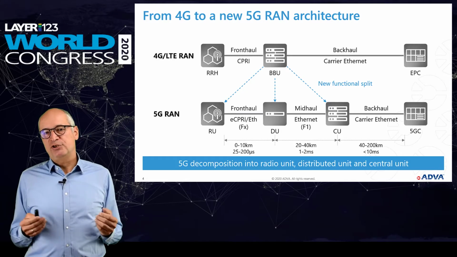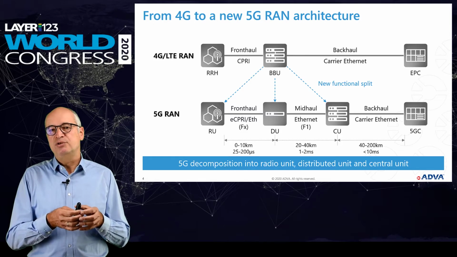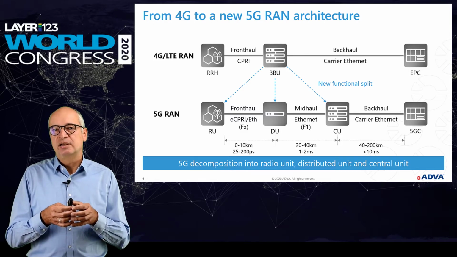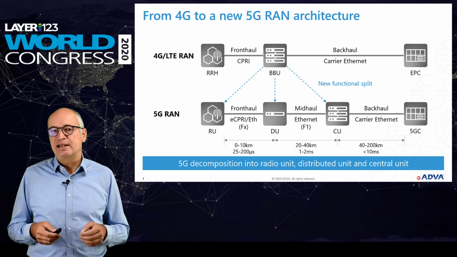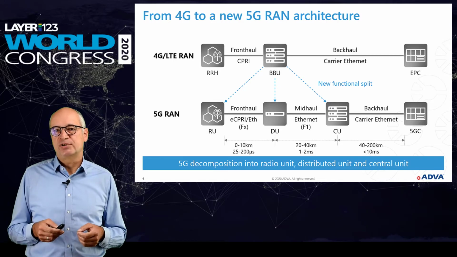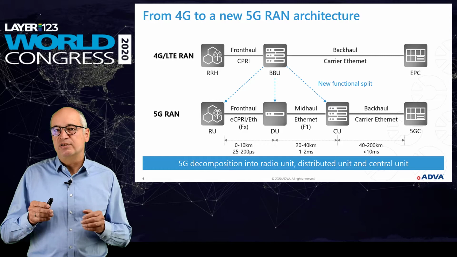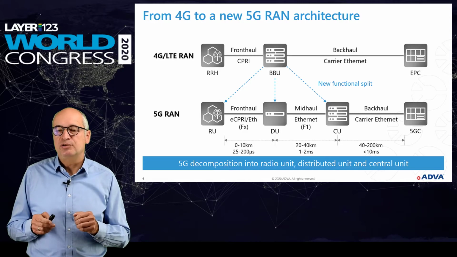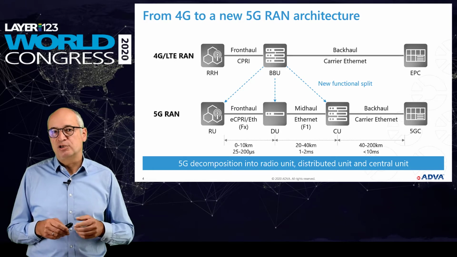For scale, for efficiency, front haul is separating this BBU from the radio base station, centralizing it, creating economies of scale, and this already has been applied with 3G and 4G networks at the expense of much higher bandwidth between this more centralized BBU and the more simpler remote radio head.